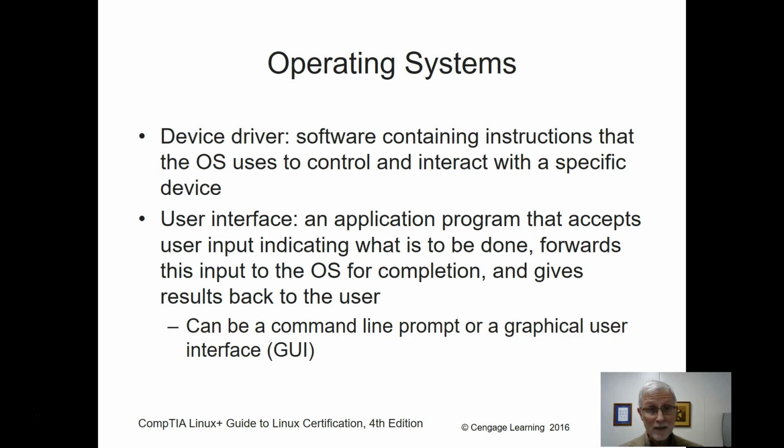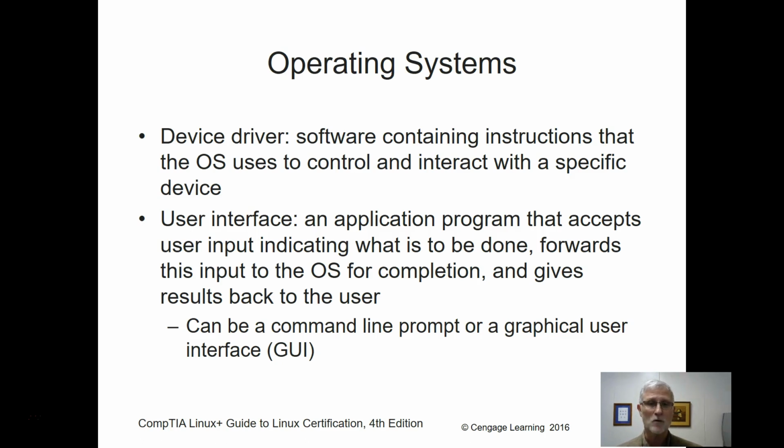The user interface of most application programs is what you see. You've seen user interfaces as long as you've worked with computers. It's your way of interacting with the operating system. There are two common types: a command line prompt and a graphical user interface, a GUI. Now, most of us are familiar with the graphical user interface.